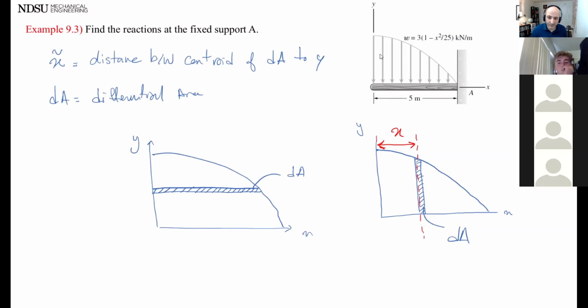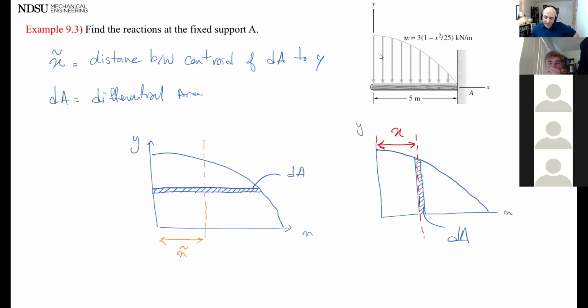X tilde is the distance between centroid of dA to y-axis, right? Centroid of this is right here. This is my x tilde.